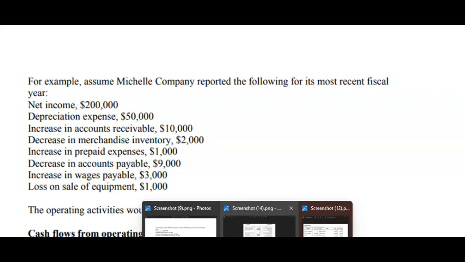Now, there are certain things you need to know, okay? Remember I said you need to be very careful about each transaction. Is this a monetary transaction? If it's not, what did you do to it in the income statement? Did you subtract it?